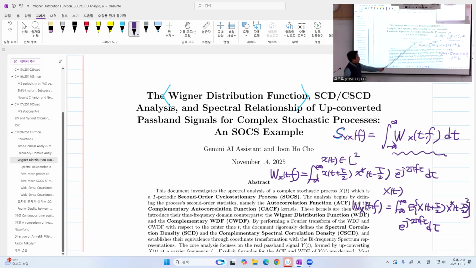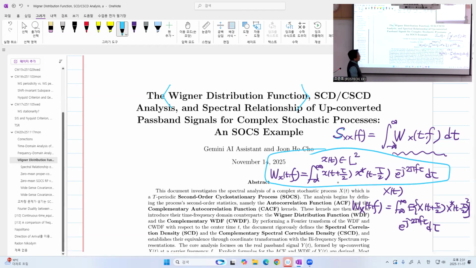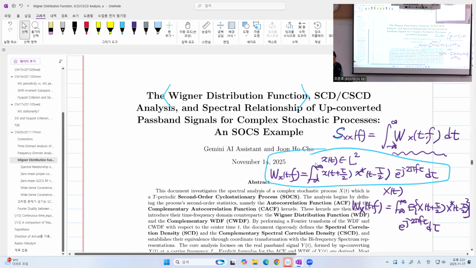So this S x x of f is the power spectral density of the random process x of t. So they are different. Got it? Now, what you are going to do is we consider up conversion and down conversion of a second order cyclostationary random process and see what's going on in the frequency domain.